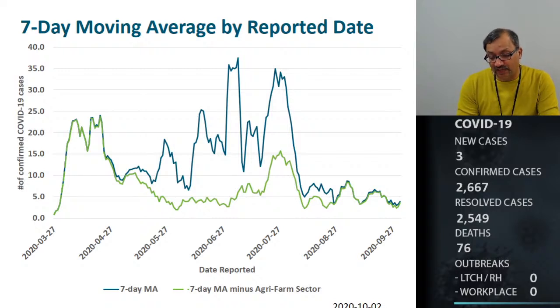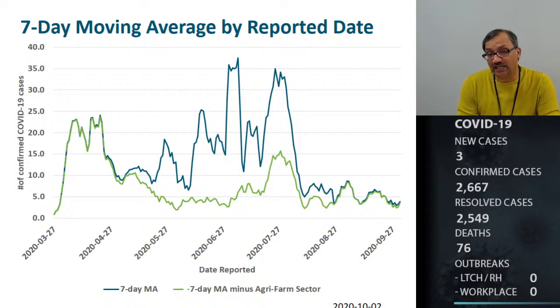Looking at the 7-day moving average by reported date, this particular graph we created to show the overall cases in the community as well as the community cases excluding the agri-farm sector cases. We have seen a lot of activity in the agri-farm sectors in the months of May and June, and that is represented by the 2 different lines. Overall cases are shown by the 7-day moving average in the blue line, and the green line shows the community cases minus the agri-farm sector.